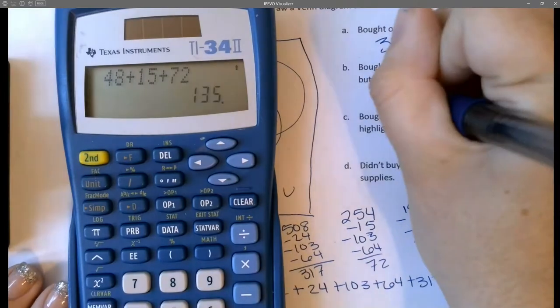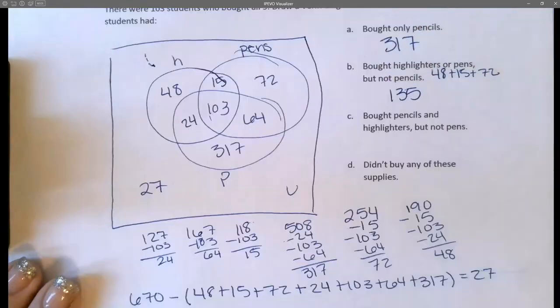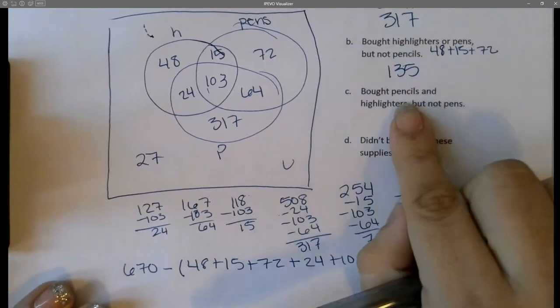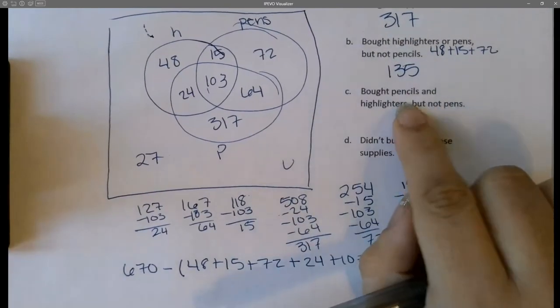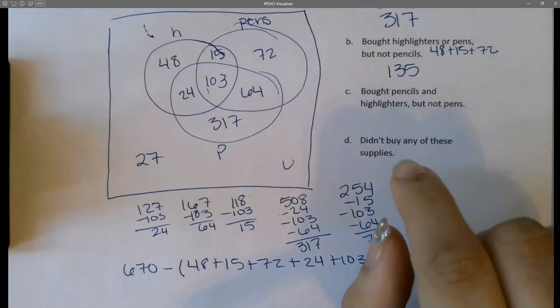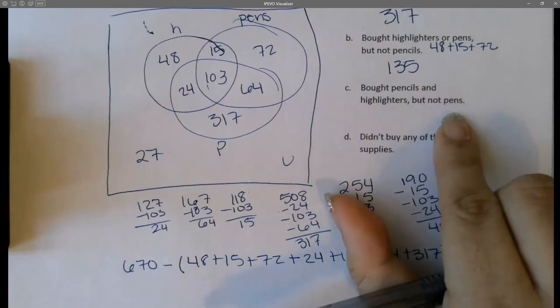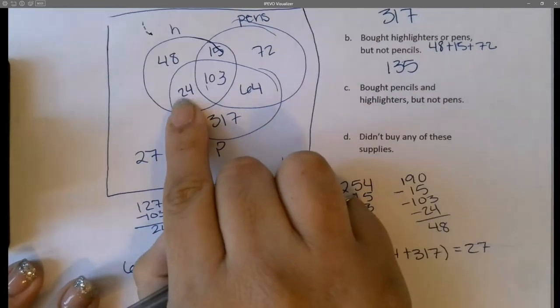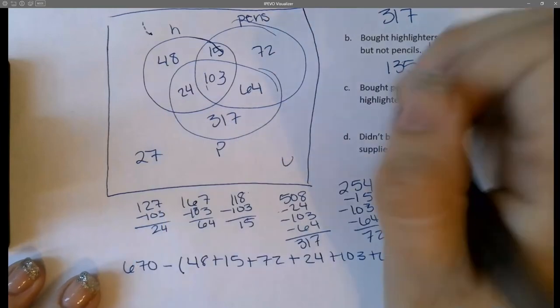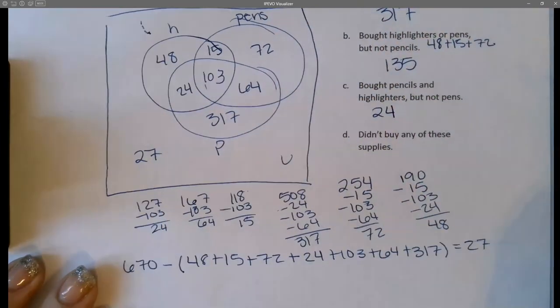Which gives me 135. C is saying bought pens and highlighters, so they have to buy both, but not pens. Bought pencils and highlighters, but not pens. So pencils and highlighters together is 24, excluding the pen number.